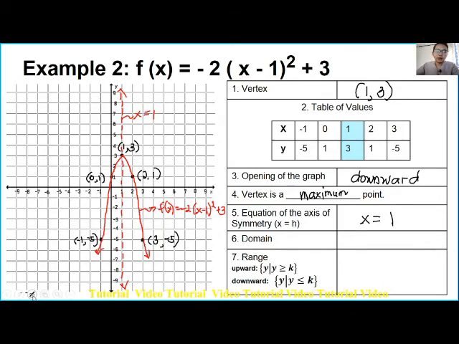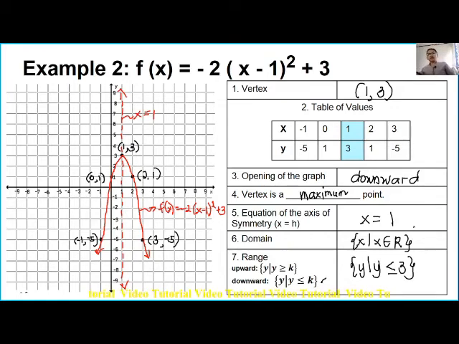For the domain, the automatic answer again, we will have x such that x is an element of real numbers. And for the range, we choose downward. So this will be y such that y is less than or equal to the value of k, which is 3.